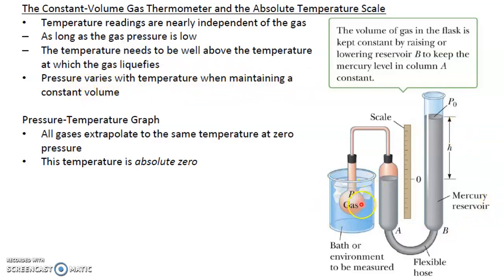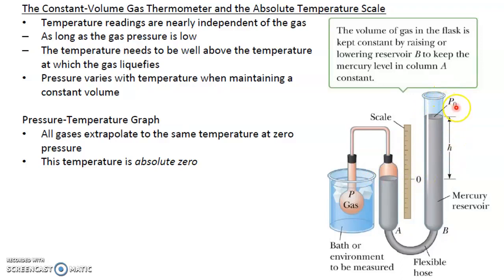We can imagine a gas inside of this flask is heated. When the temperature rises, the volume is also going to expand. We have thermal expansion of the gas. To make sure that it is exactly at the zero scale, we need to increase the pressure.